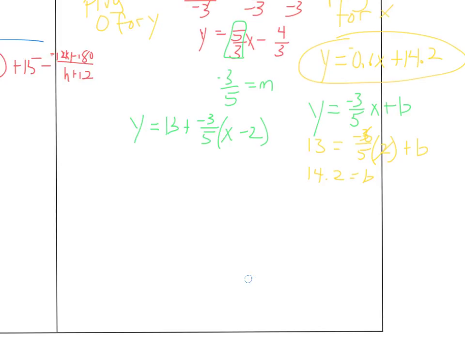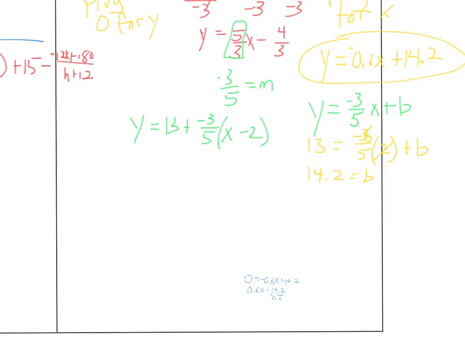So 0 equals negative 0.6x plus 14.2. I'm kind of regretting not leaving this in fractions now, which means that 0.6x is equal to 14.2. Divide both sides by 0.6, and you're going to get some kind of a value.